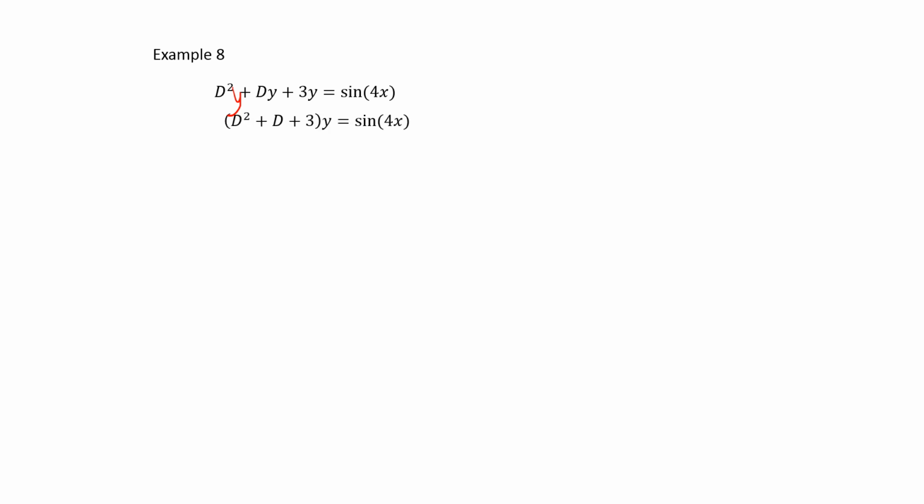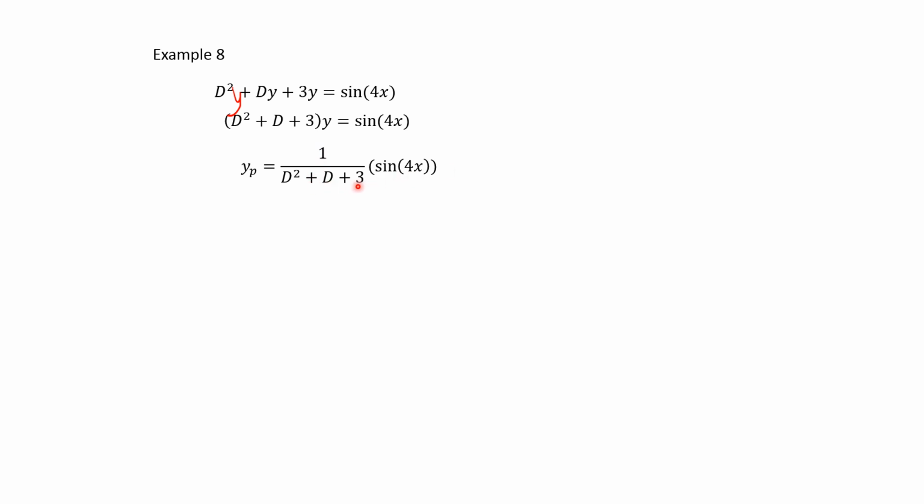This can be written as d squared plus d plus 3 times y equals sine 4x. Get the particular solution, that is 1 over d squared plus d plus 3 sine 4x.